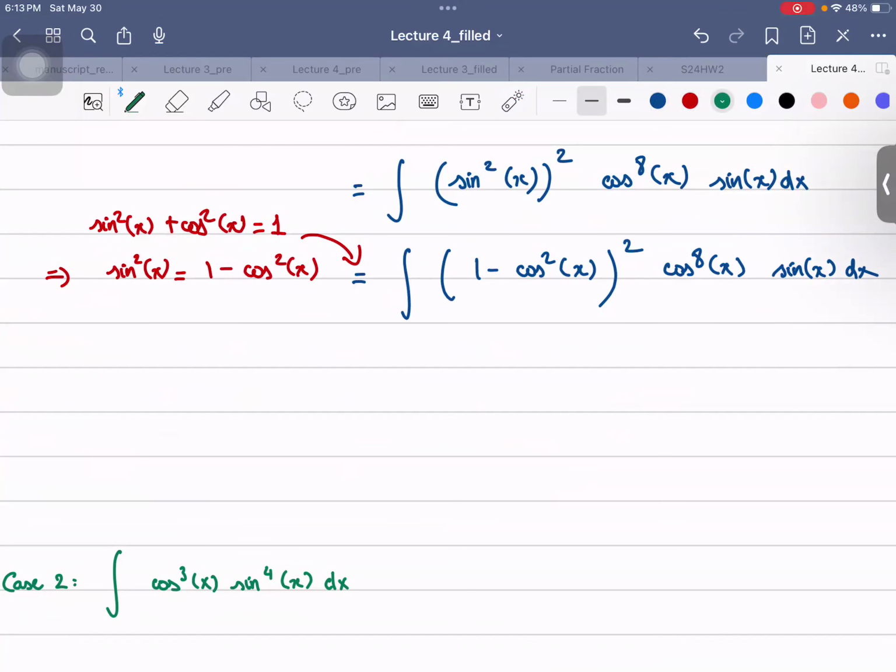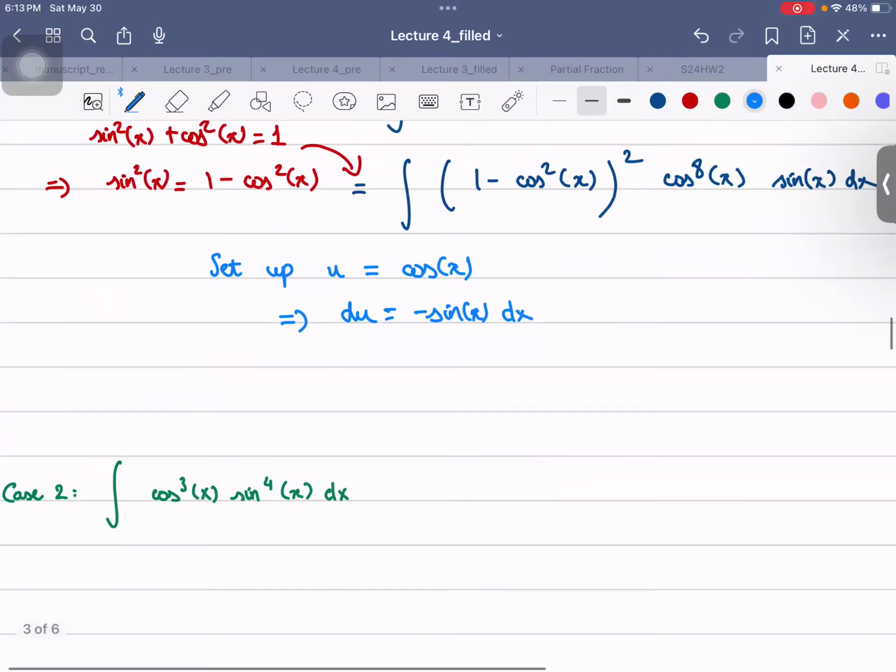We set u equal to cosine of x. So you will have du equal to negative sine of x dx, because the derivative of cosine is negative sine. So negative du will be sine of x dx.